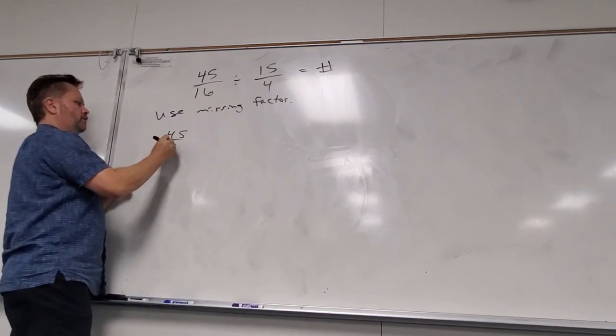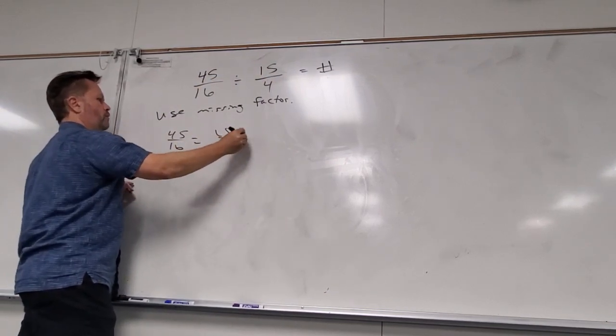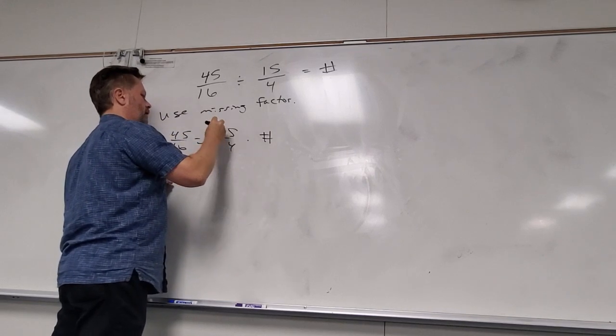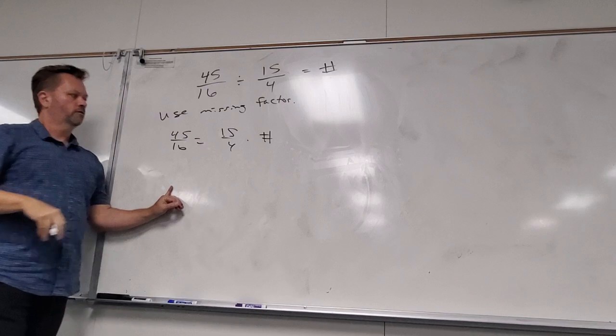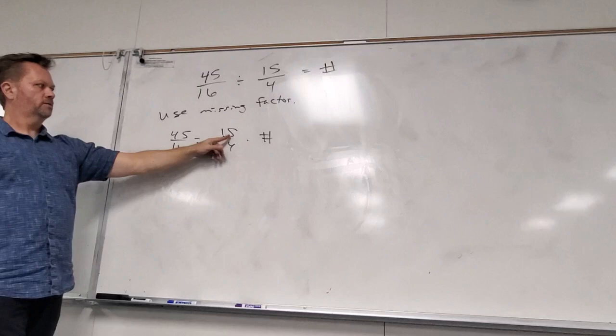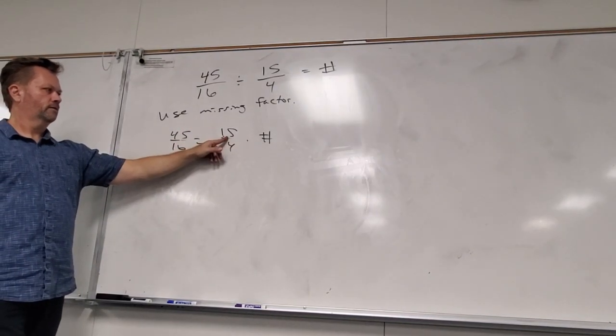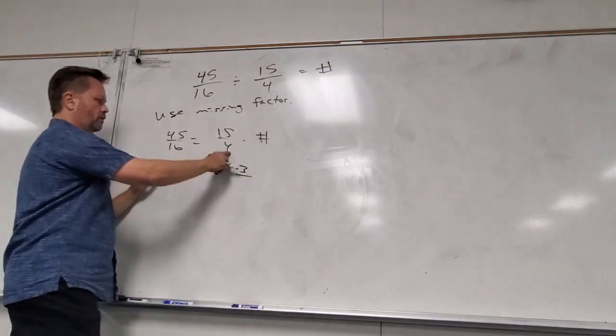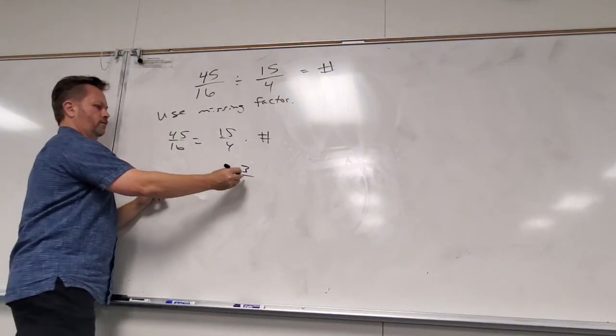So then you basically think to yourself, okay, what do I multiply 15/4 by to get 45/16? And I obviously picked really nice numbers here, right? So what would you multiply the top by to get 45? 3. And then the bottom, of course, 4. Okay.